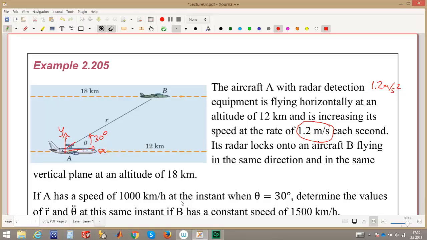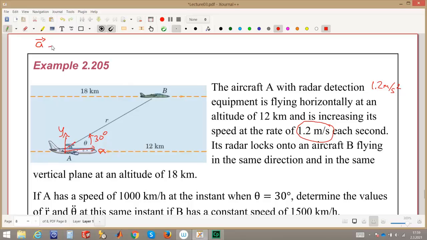And we are asked to determine r double dot, the second derivative of r, and theta double dot, the change in theta dot. That means we are going to deal with accelerations here, because this information appears in the acceleration equation for polar coordinates, right?